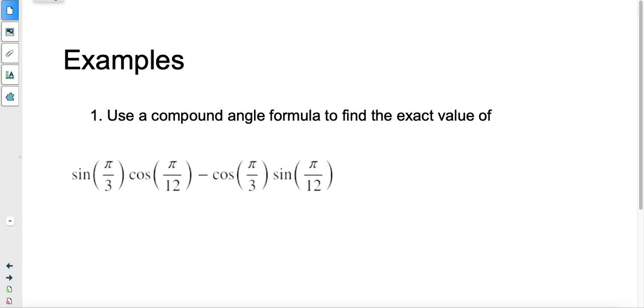In this first example, we want to use a compound angle formula to find the exact value of sine of pi over 3 times cosine of pi over 12 minus cos of pi over 3 times sine of pi over 12. Well, if we think back to our compound angle formulas, this looks similar to this compound angle formula.